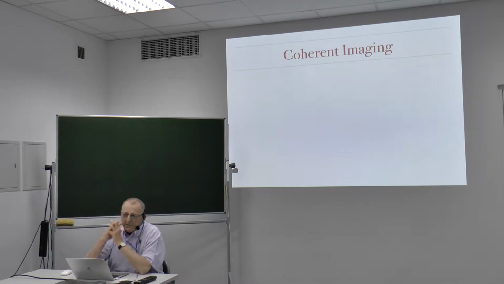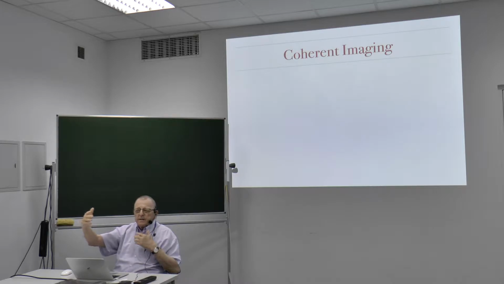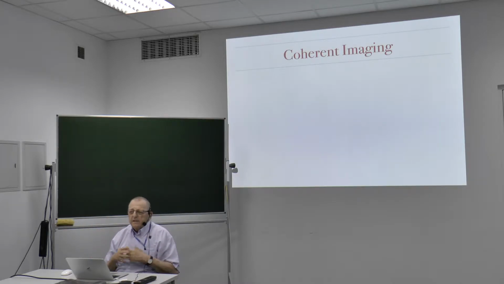The other application of it, which will be essentially our last topic, is coherent imaging. If I am sending the electromagnetic wave with the well-defined frequency or wavelength, that is what I call the coherent radiation. And that coherent radiation has the property that I can do a decent interference on an arbitrary distance.